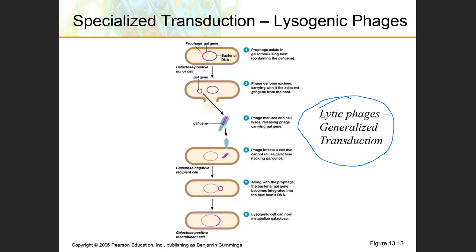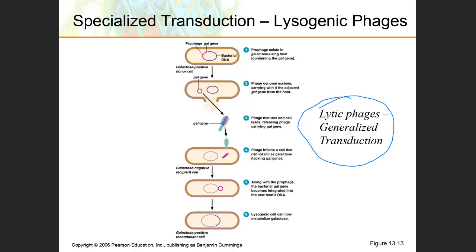If that extra gene is beneficial, this host cell is now going to survive better. It's going to reproduce more, which means the prophage is going to survive and reproduce more. So again, the viruses are trying to help themselves to survive and reproduce, but in the process, they're giving their hosts an advantage, which can allow them to survive.